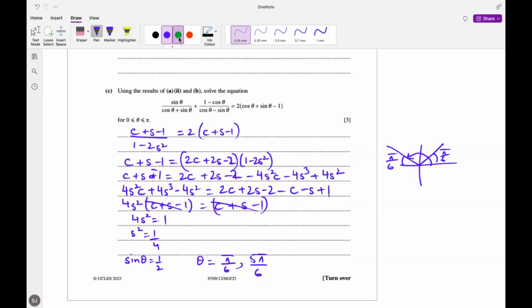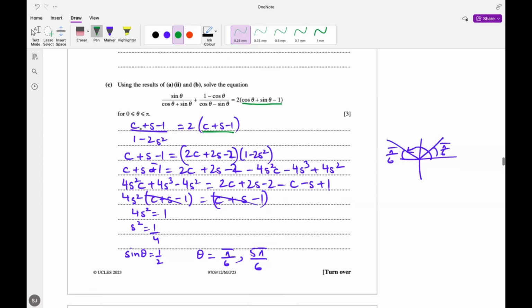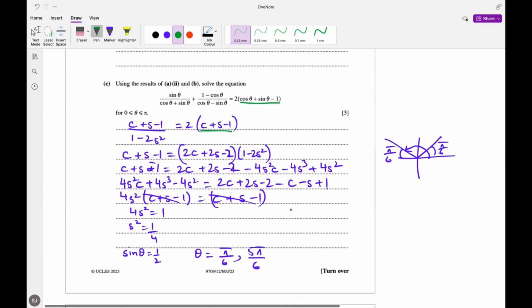Now, as we also had to use the answer from A part 2, we know that cos + sin − 1 was equal to 0. So if in place of cos + sin − 1 we had replaced the 0 over here, we would have been left with cos + sin − 1 equals 0. So one of the other solutions would have been cos + sin − 1 equals 0, as if we replace this with a 0, cross multiplying over here, it would have been a 0 altogether.